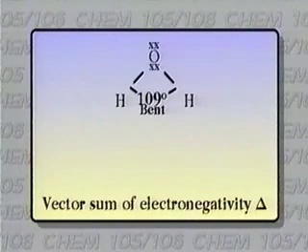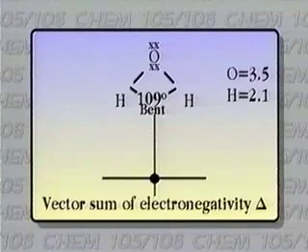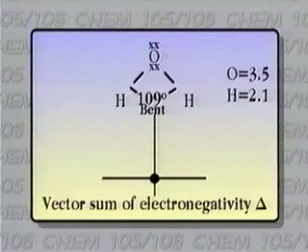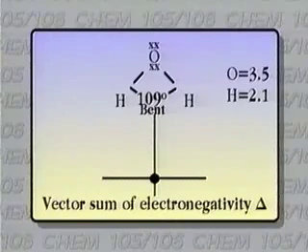Now, when I talk about the vector sum, I'll start down here then. Now, I'll put this as the oxygen center. Now, I see that I have two vectors. Oxygen has an electronegativity, I'll put this down in here so we can see it a little bit better, 3.5.